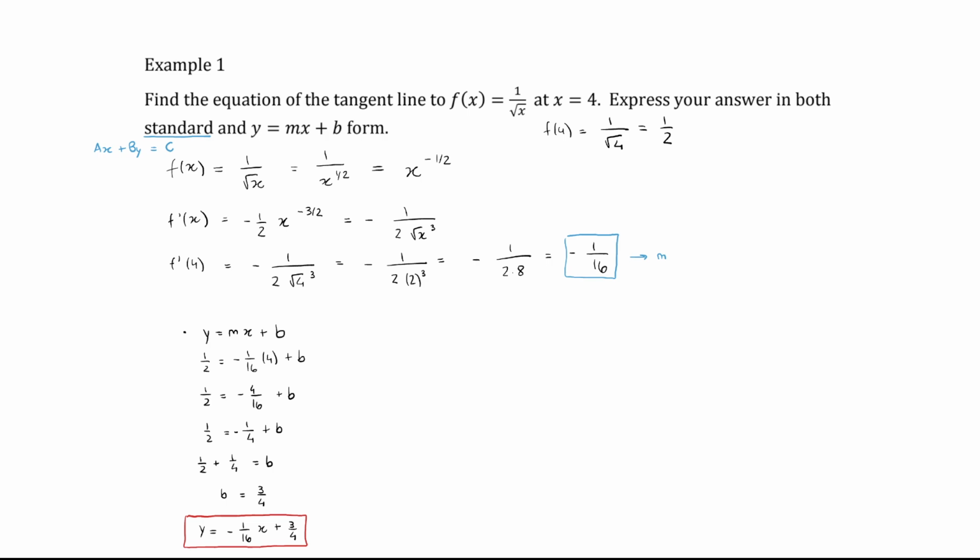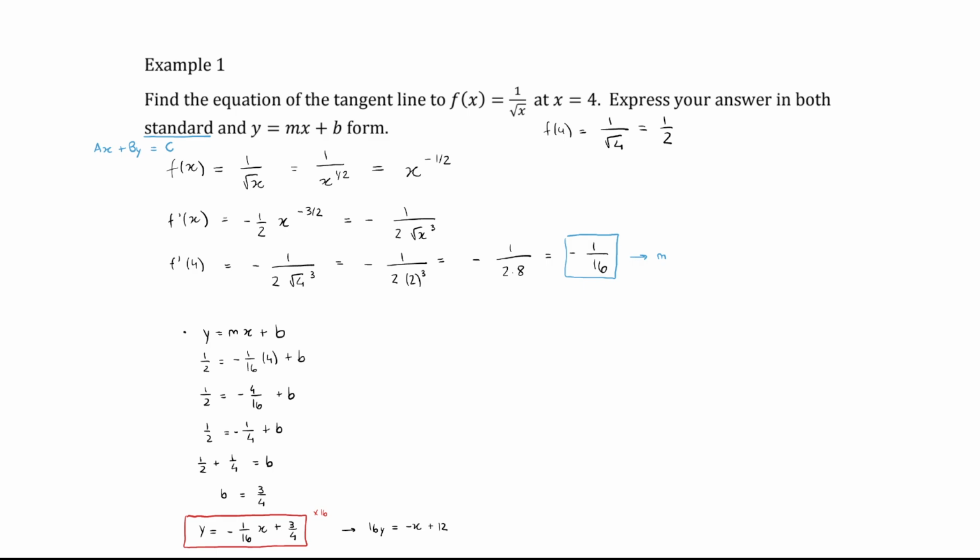So I'm going to take the y is equal to mx plus b form and multiply it through by 16, right? Because I want to cancel out that denominator. And this is going to result in 16y is equal to negative x plus 12.